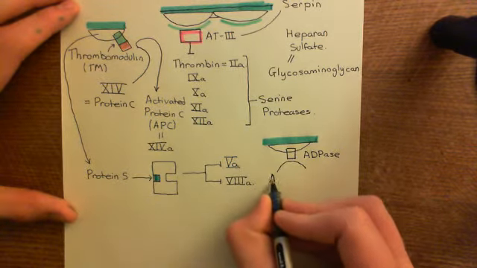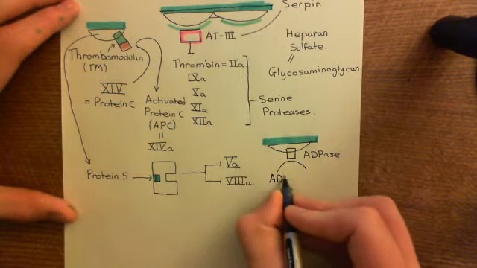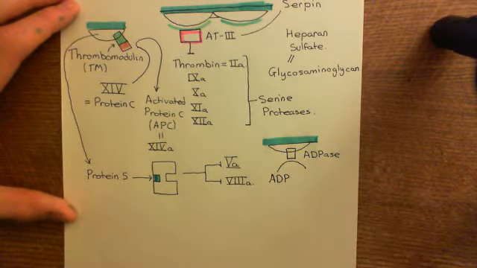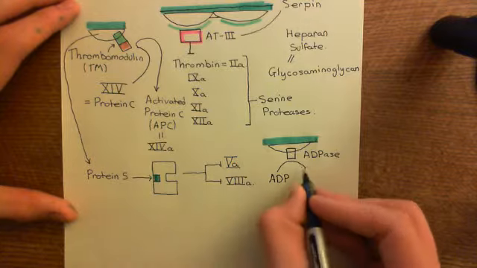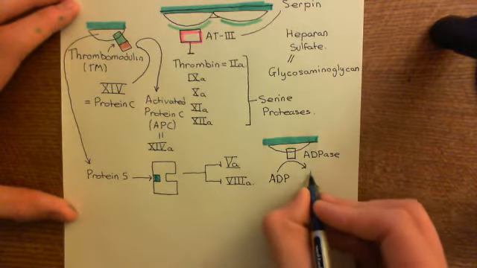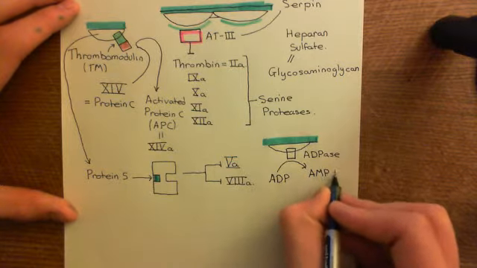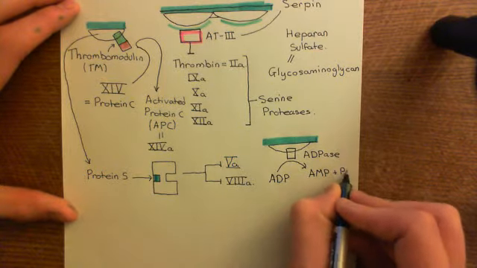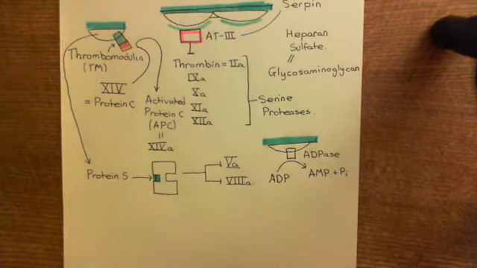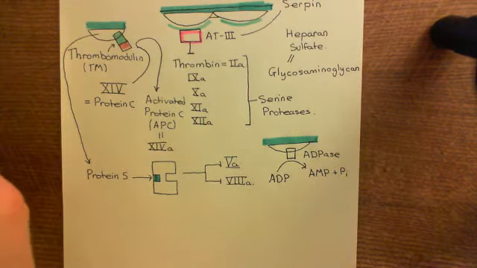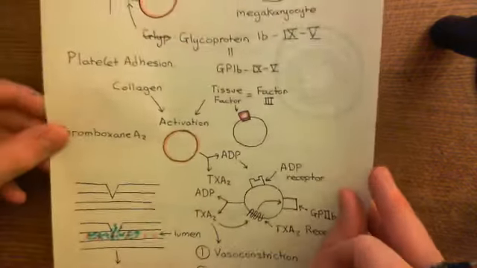Now, where have we seen ADP? Well, we saw it in the chain reaction for activating platelets. It's going to break ADP down into AMP, adenosine monophosphate, by breaking the beta phosphate off of ADP. So let's remind ourselves of where ADP was important.